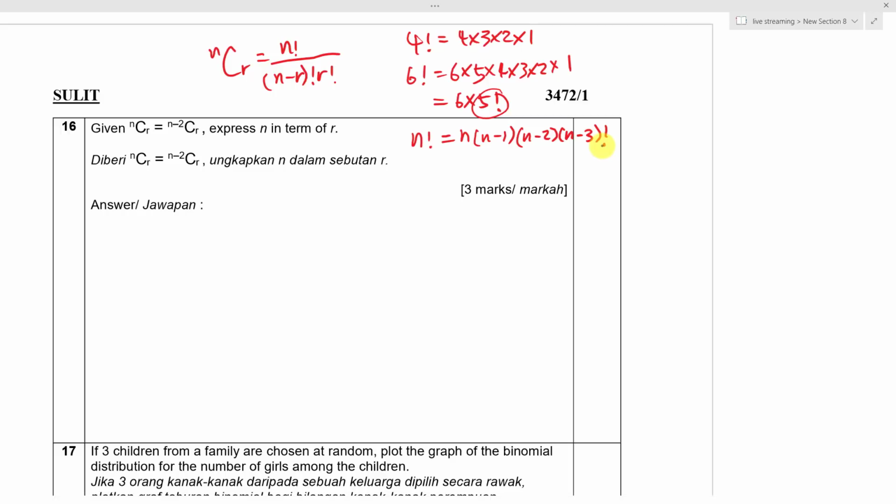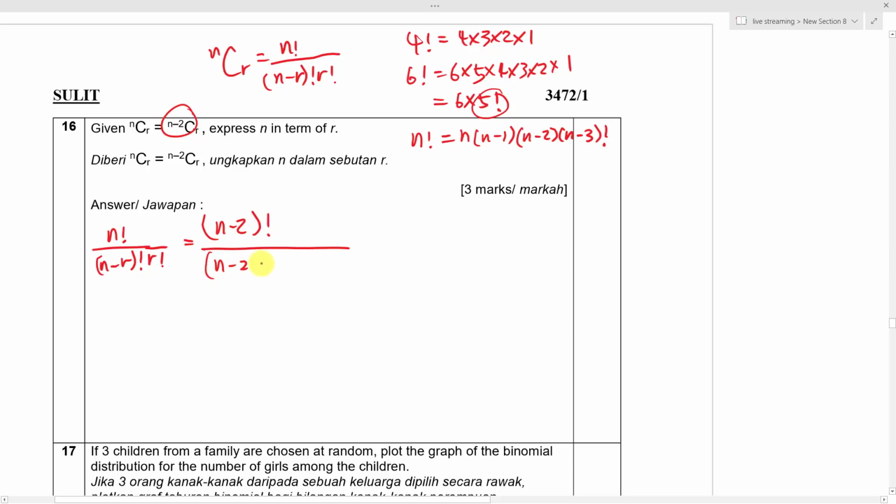Alright, so if I want to do this one, I will just apply the formula, n minus r factorial, and the other one, okay, this one is even more interesting, n minus 2 factorial over n minus 2 minus r factorial.